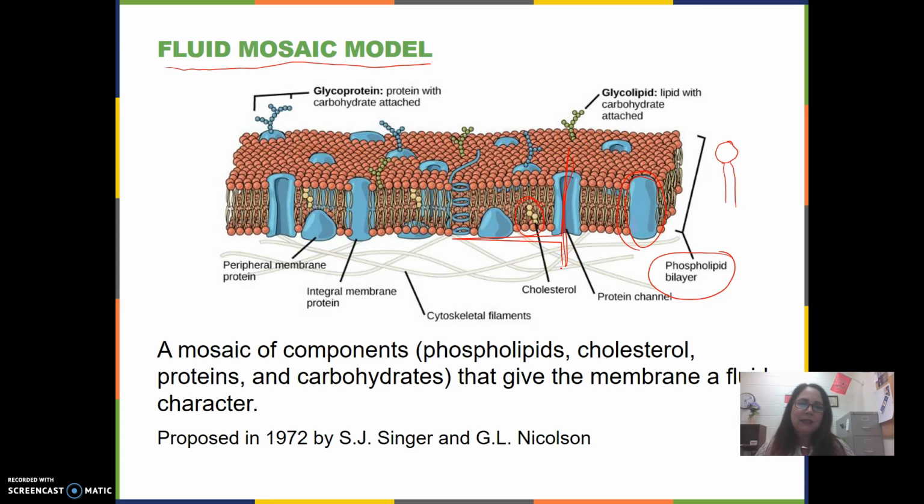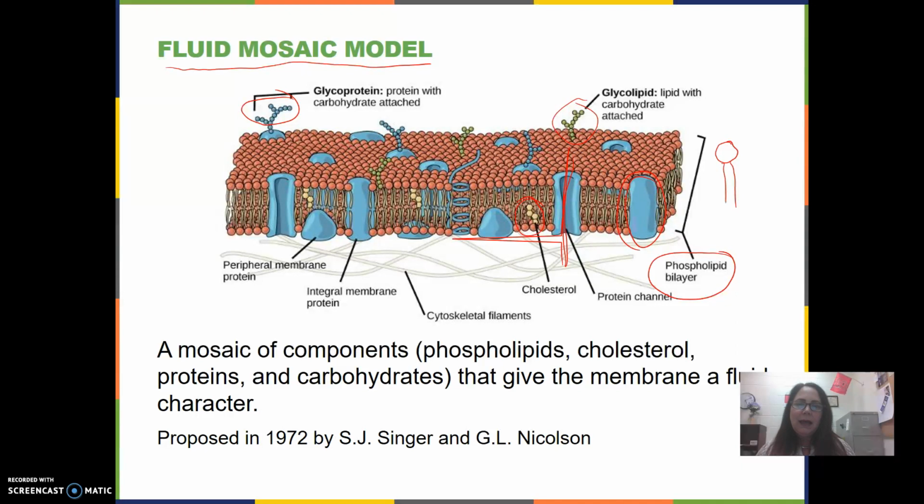They allow passage of ions and small molecules from the inside of the cell to the outside, or from the outside to the inside, across the plasma membrane. And you also see these carbohydrate chains. If they are attached to a lipid, they're called a glycolipid, or if attached to a protein, a glycoprotein.